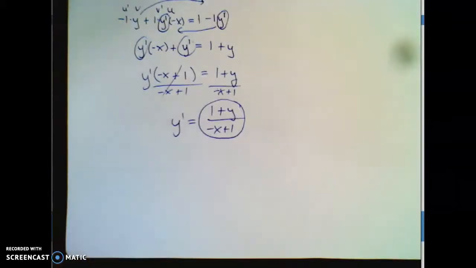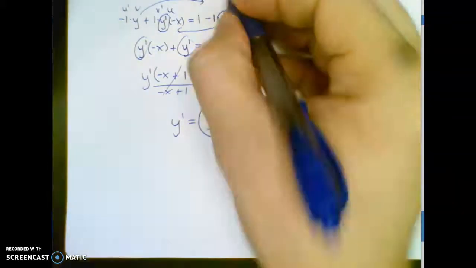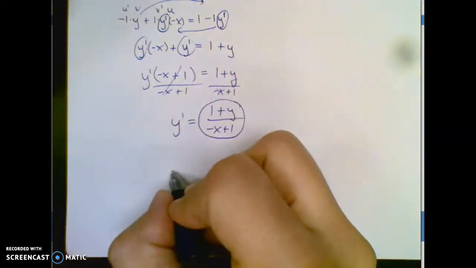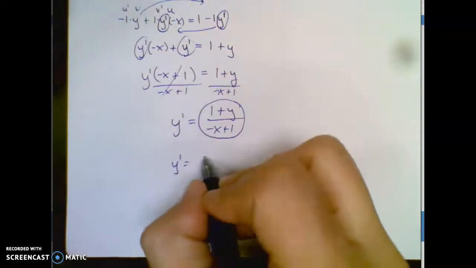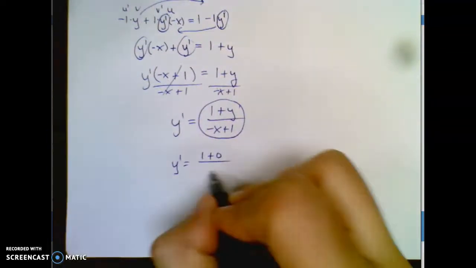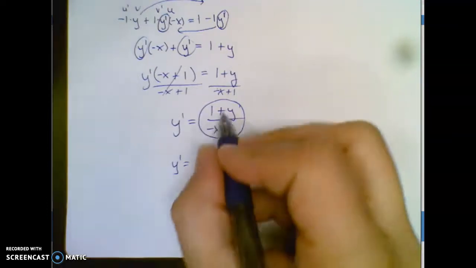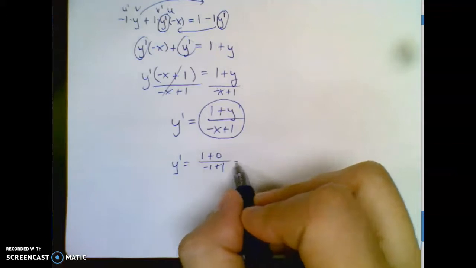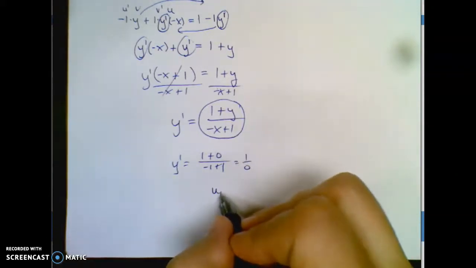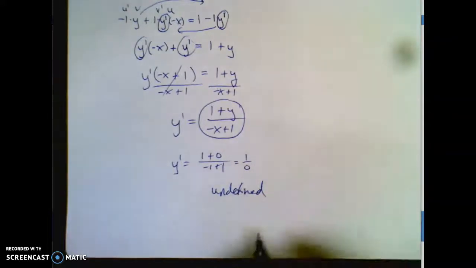Now, to get my slope at that point, I'm going to plug in an x of 1 and a y of 0. So y prime is 1 plus 0 over negative 1 plus 1. Ooh! That means it's undefined. We found an asymptote of some sort.